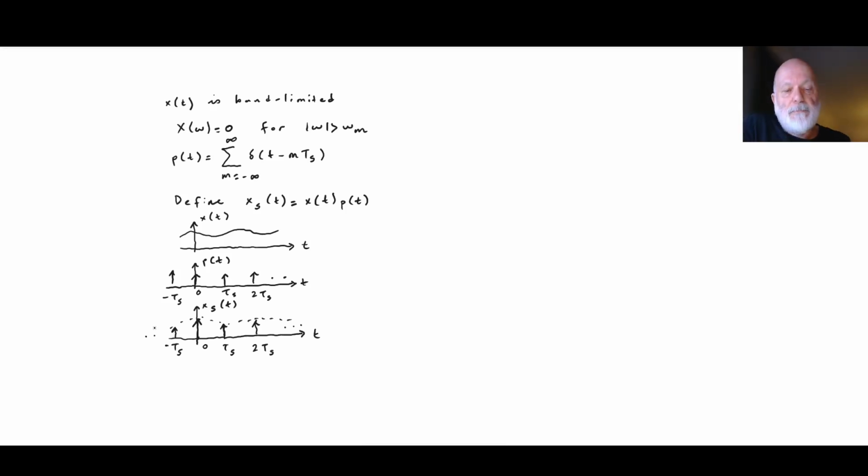So sampling by impulse train is not realizable.